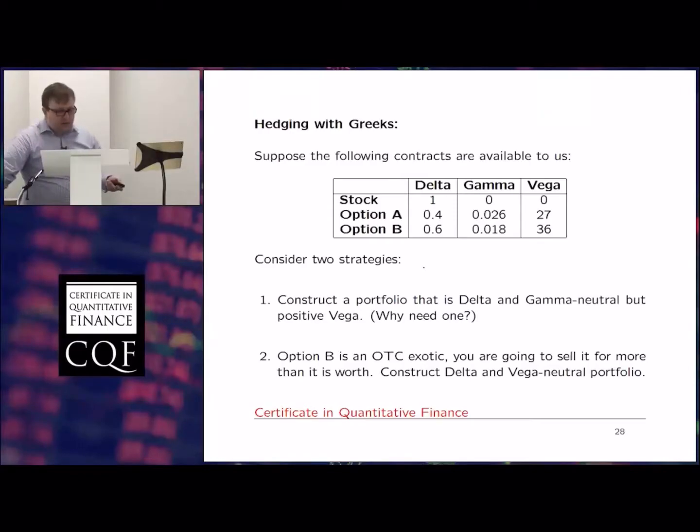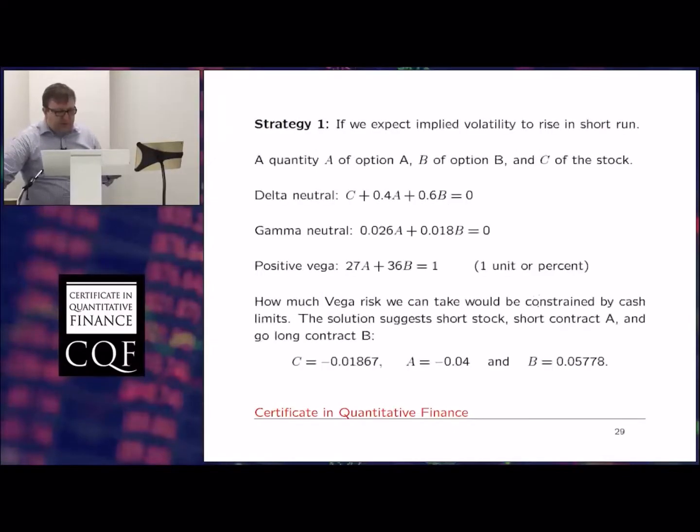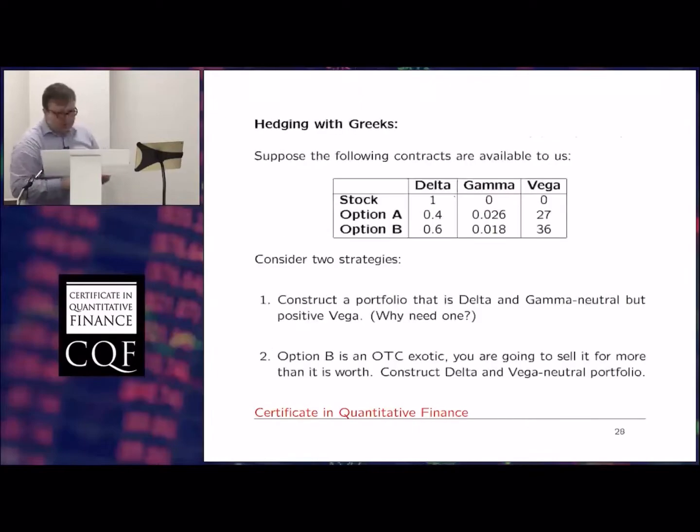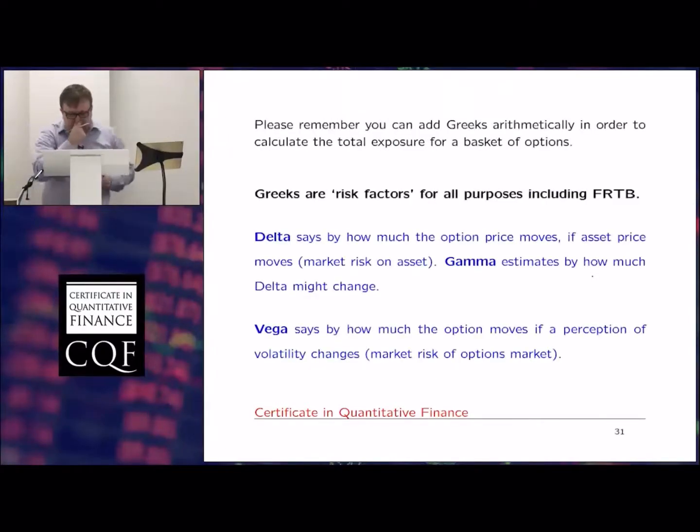In this case, you can actually, for example, have a portfolio that is delta and gamma neutral, and you can figure out the weightings, because to have delta neutral, you equate delta times weighting in option A plus delta of option B times weighting in option B. The Greeks, again, for the portfolio, you can add them up. And stock has delta of 1 and gamma of 0. And stock has no vega. That's done.